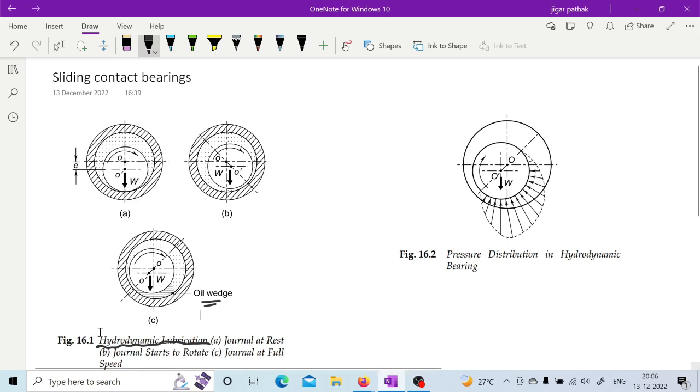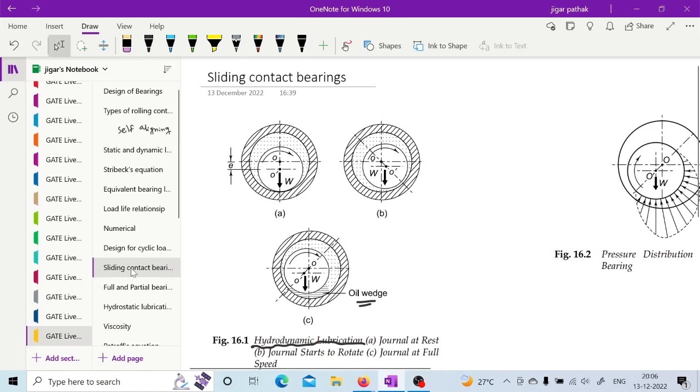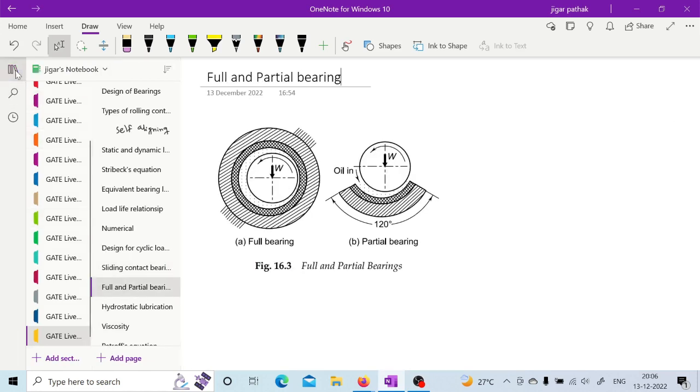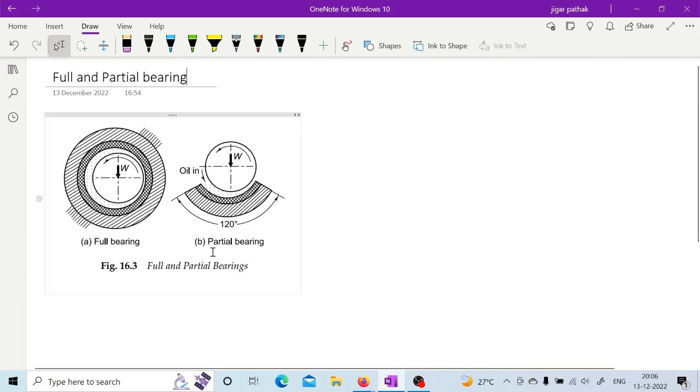Once you have an idea about hydrodynamic bearing, it can be a full bearing or a partial bearing.